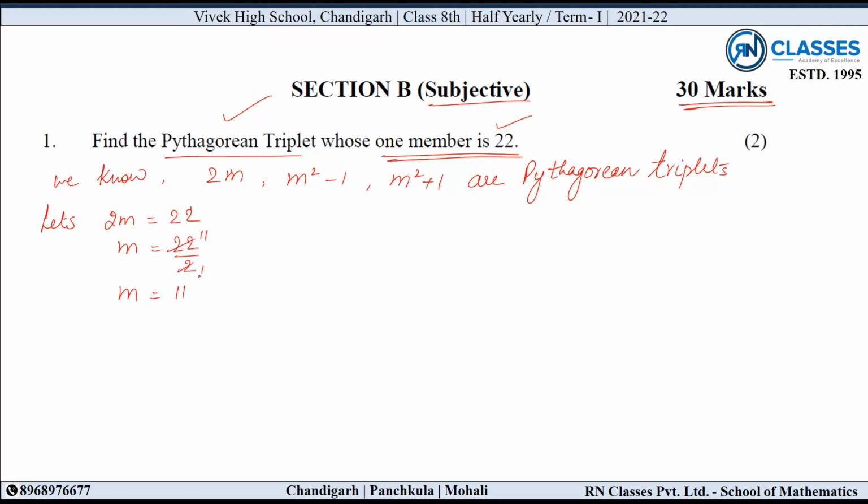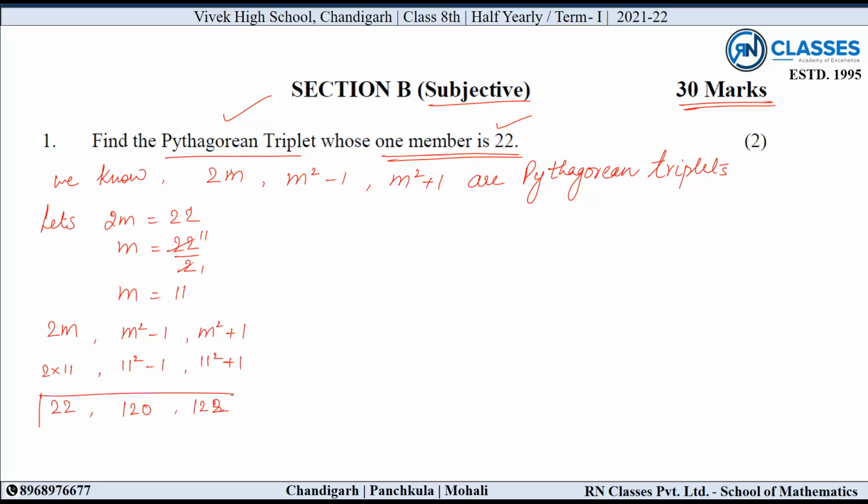Now m is 11, my Pythagorean triplet would be 2m, m square minus 1 and m square plus 1. So 2 into 11 is 22. Next one, 11 square minus 1: 11 square is 121, minus 1 is 120. Next one, 11 square plus 1: 11 square is 121, plus 1 is 122.